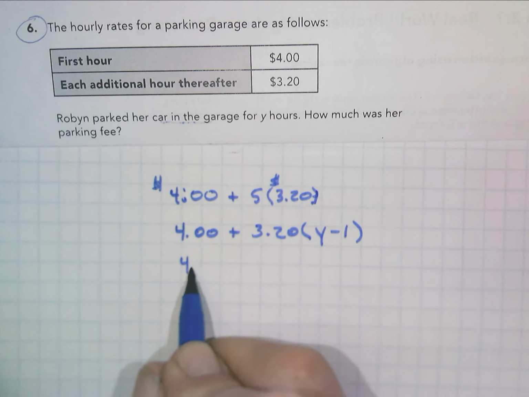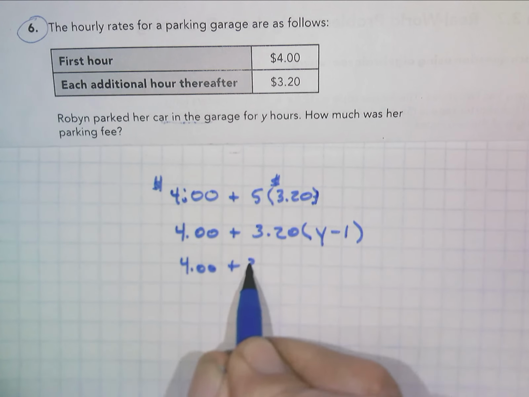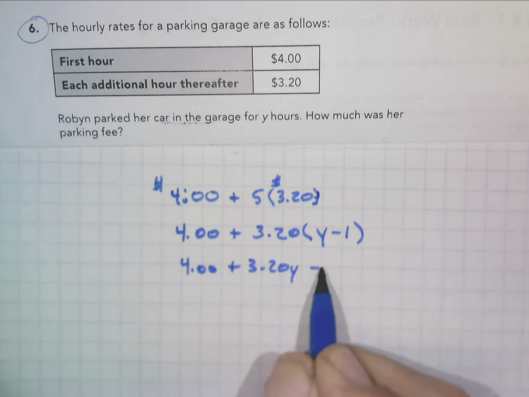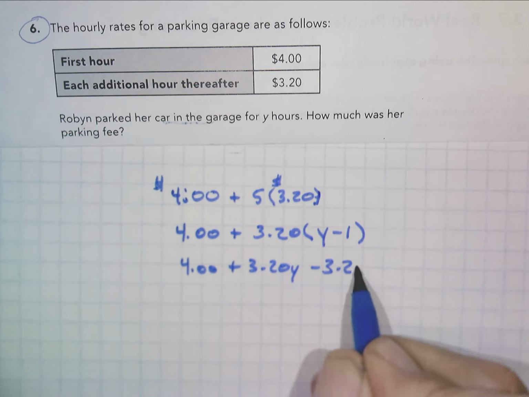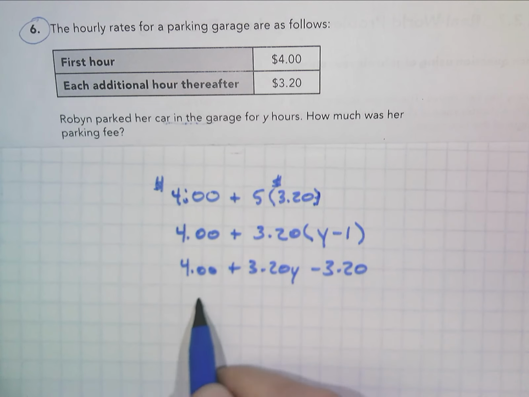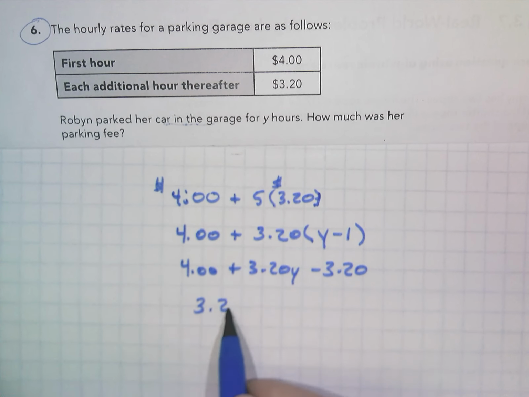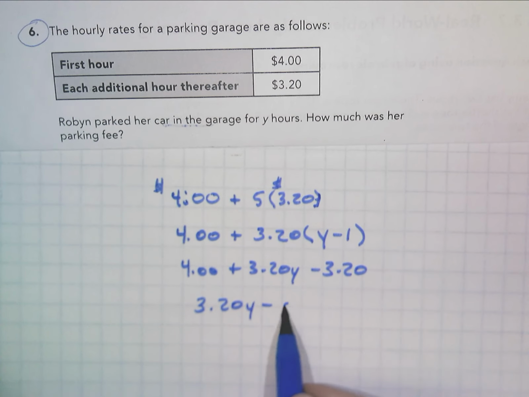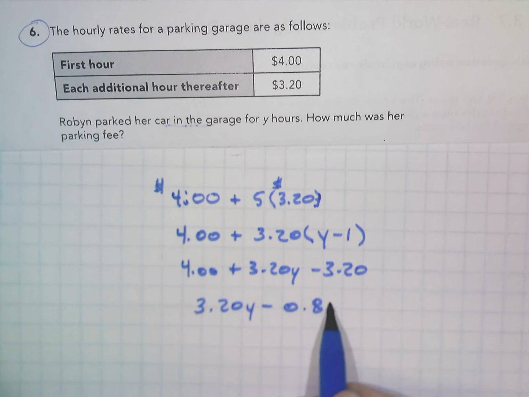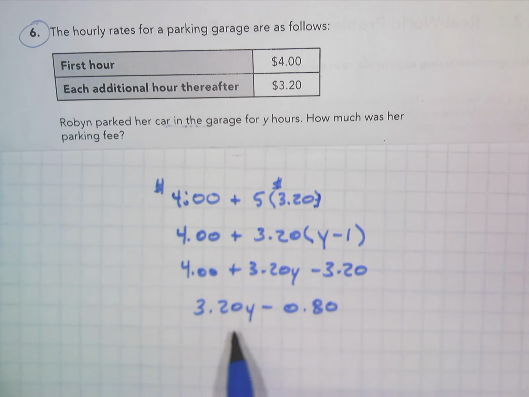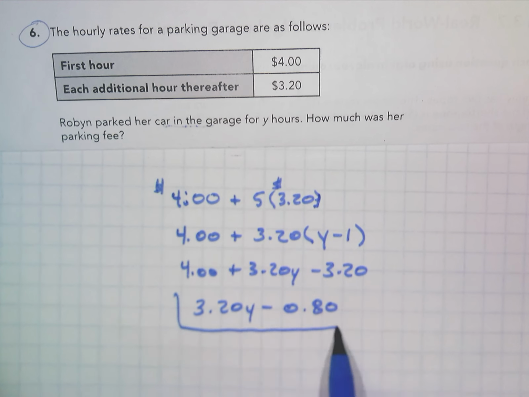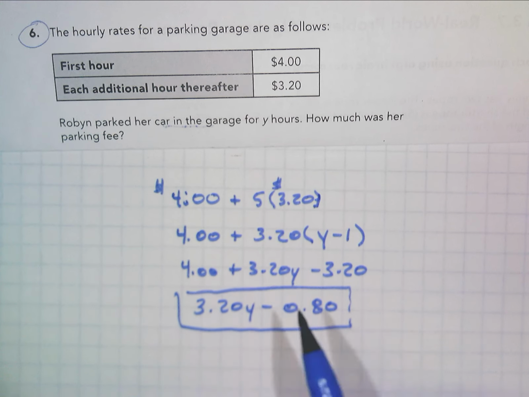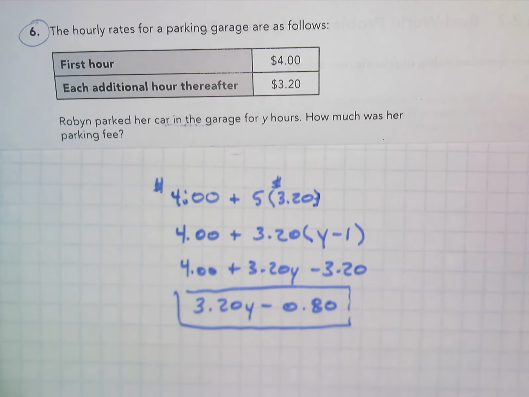We simplified it. Gathered like terms and rewrote it. 3.20y, $4 minus 3.20 is 80 cents. And this is what we used as our representation of the cost.